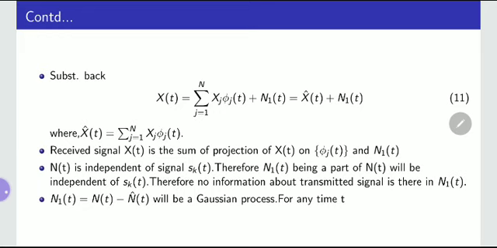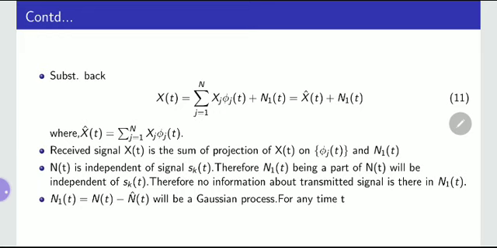Therefore n1 of t, being a part of capital N of t, will also be independent of sk of t. That is obvious. So there is no information about the transmitted signal in n1 of t. Secondly, we need to observe whether n1 of t and n cap of t have any correlation.